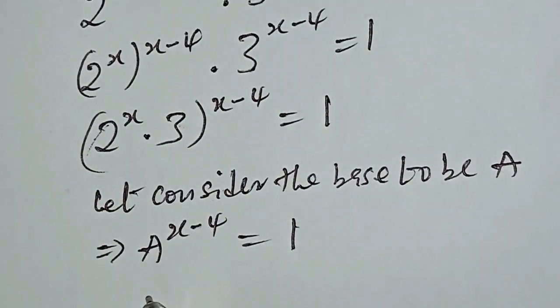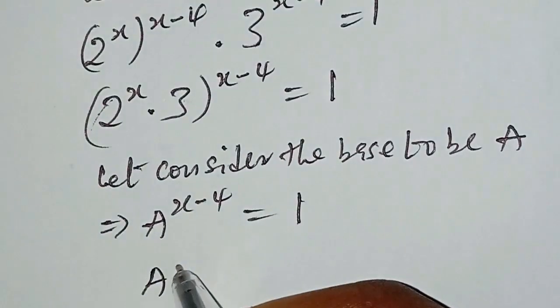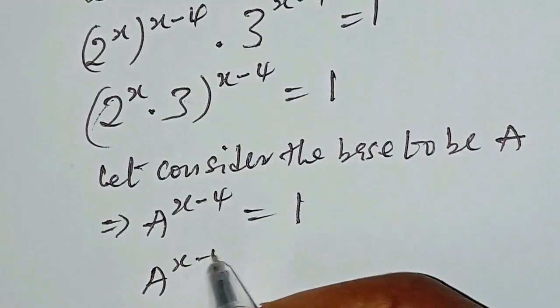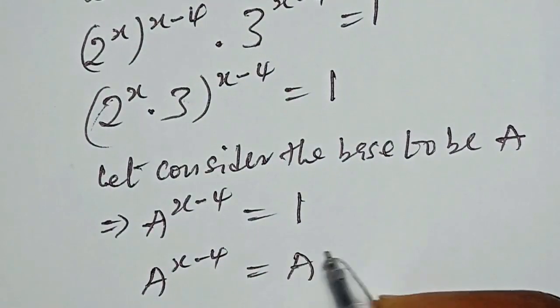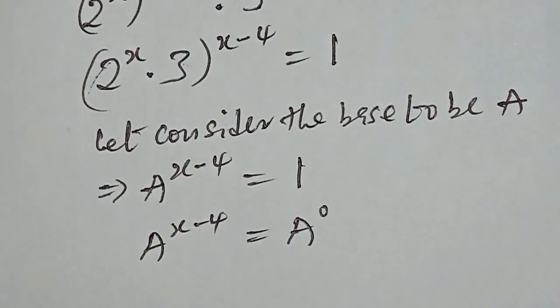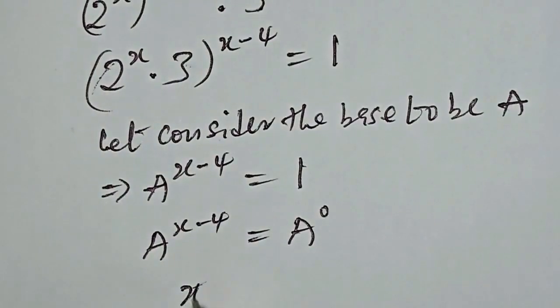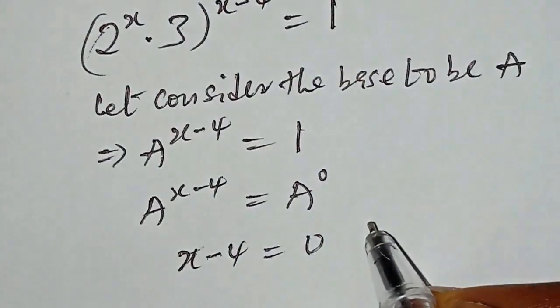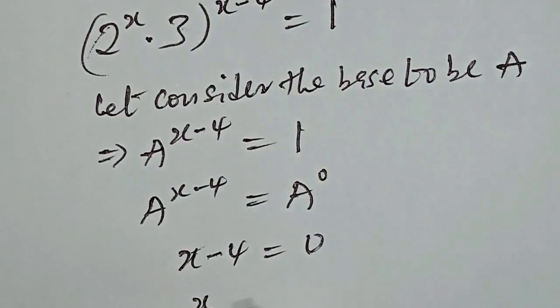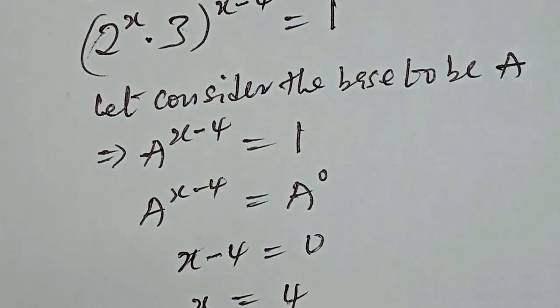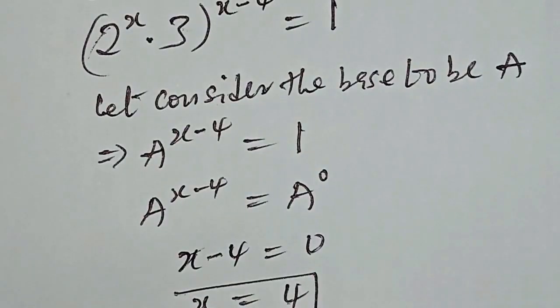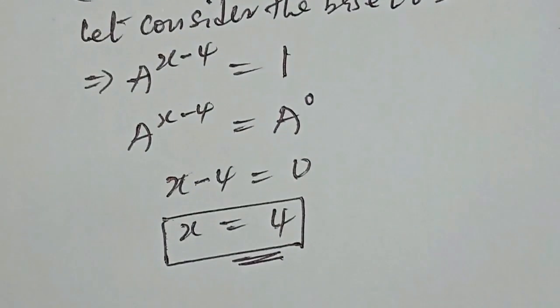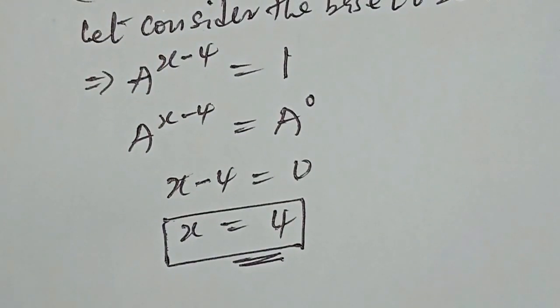So this means that a to the power of x minus 4 can be written as a to the power of 0. So here x minus 4 equal to 0, and that will be x equal to 4. From the second method, x equal to 4.